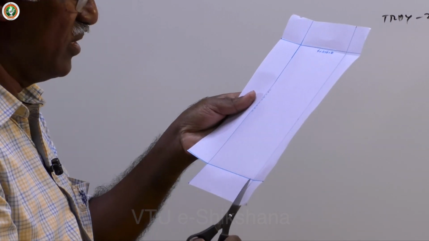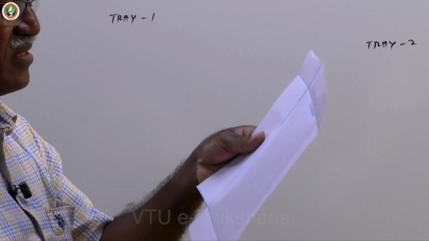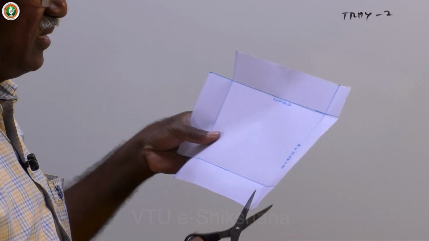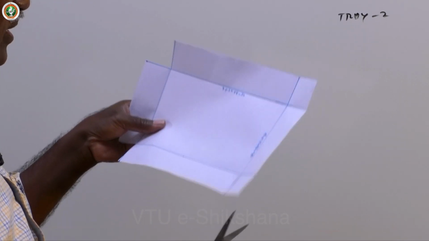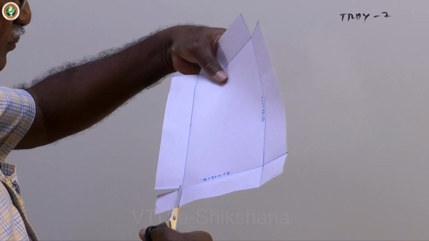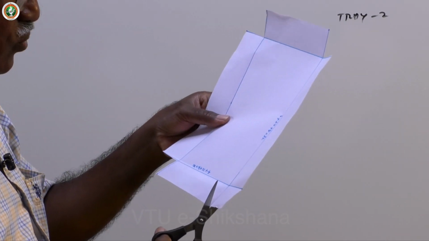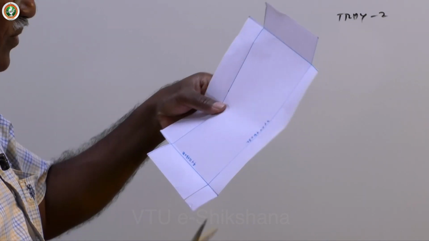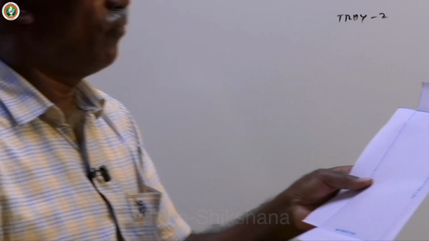See, what I am doing is I am removing this corner portion which are crossed by these lines, because the side surfaces are vertical. That's what I am doing. Now see, all four sides corner surfaces are removed which are having the border of 4 centimeter each.